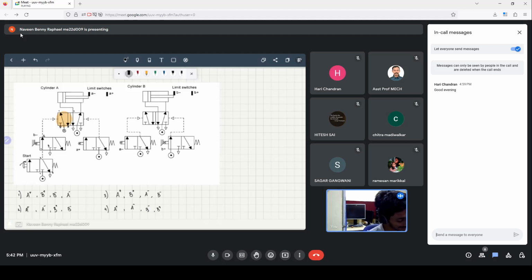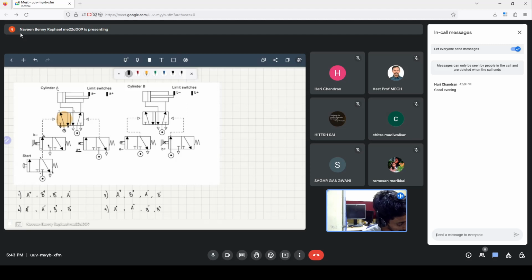The moment cylinder A is extended, a couple of things happen. The first thing that happens is, this is activated now. Note that since we are only pressing this push button for a short time, we can assume that immediately after this has been extended, we are letting go of this.